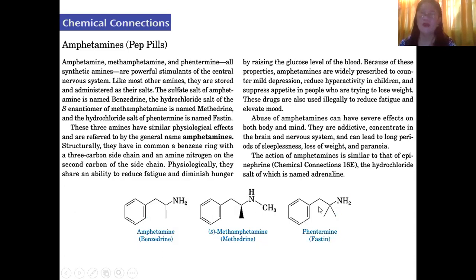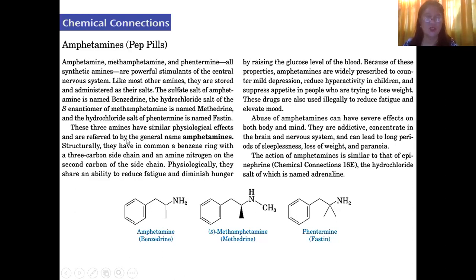One of the physical attributes of an amine, which is very important, is the amphetamines. What are these amphetamines? Amphetamines are known as powerful stimulants. What makes them powerful stimulants is that if you have lost your appetite and you take amphetamines, this will enhance your appetite. But there are some side effects.